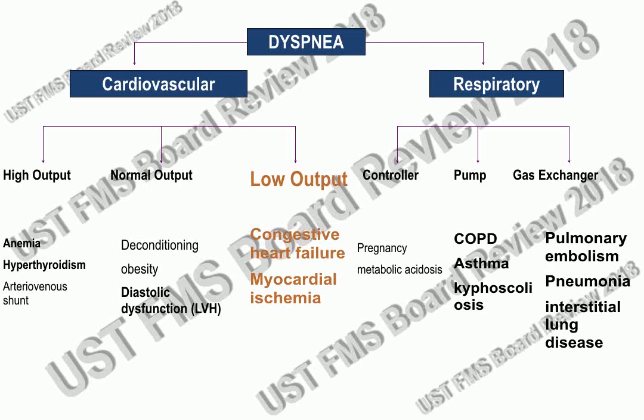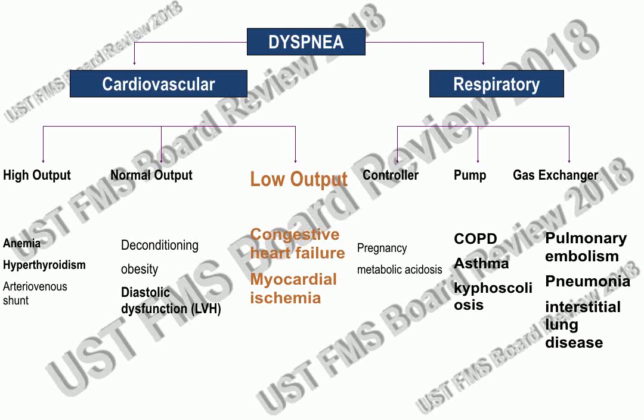The typical prototype heart failure is a low output type of heart failure or congestive heart failure, which you see in your cardiomyopathies as well as in myocardial ischemia. On the other hand, you can also have high output heart failure, which you commonly see in anemia and states like hyperthyroidism or an AV shunt.